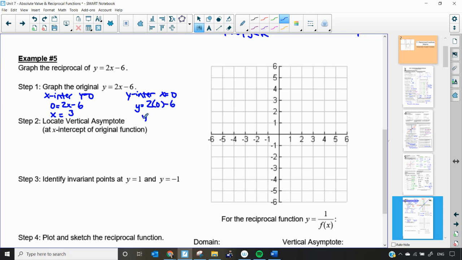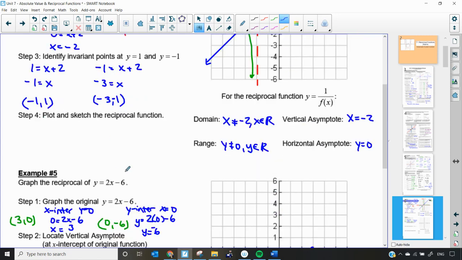And so that would happen at y equals -6. And so my coordinates are 3, 0, and 0, -6. So I could plot those 2 points on my grid. So 3, 0 is right here, and 0, -6 is down here.